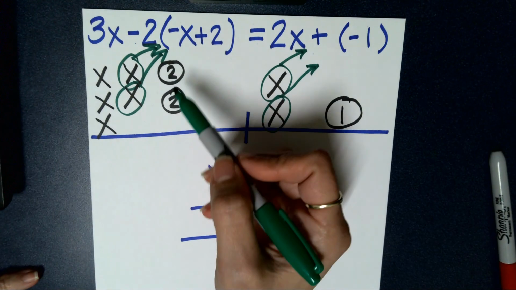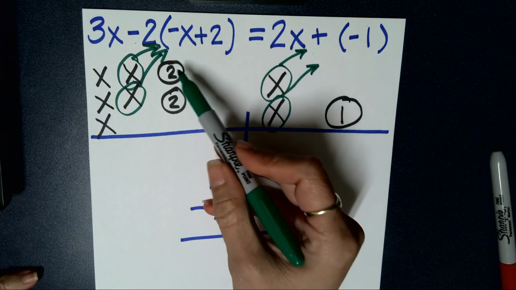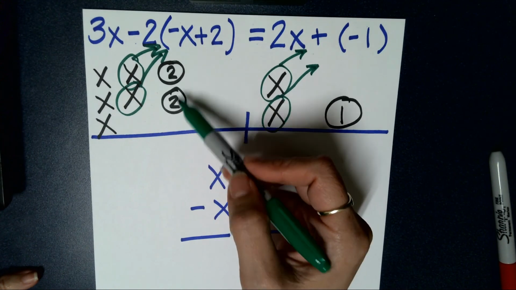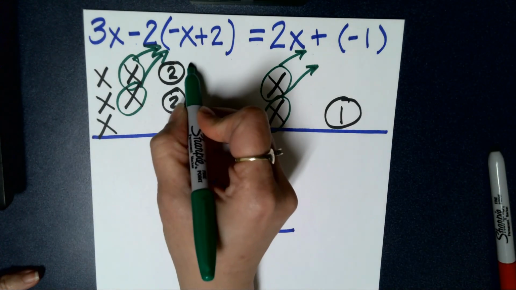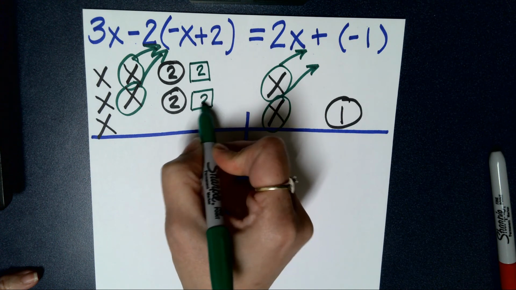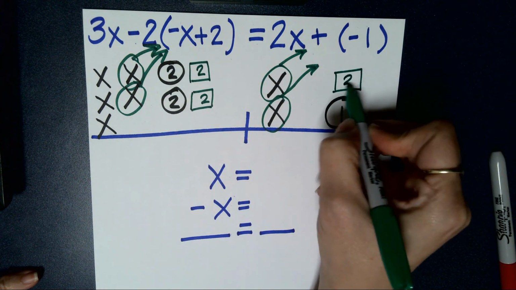So we need to get all of our numbers over to the right side. So how do I create a 0 pair of 2's when I have negatives? That means I need to add positives. Those are my squares. And if I do it to the left, I have to do it to the right.